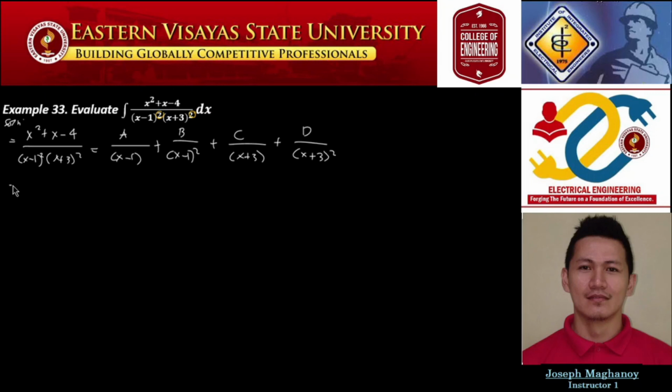So we can have, with respect to the LCD, x squared plus x minus 4. Again, if you're writing for your A, you'll only copy itself here and the D. If you are writing for your B, you'll copy D only.